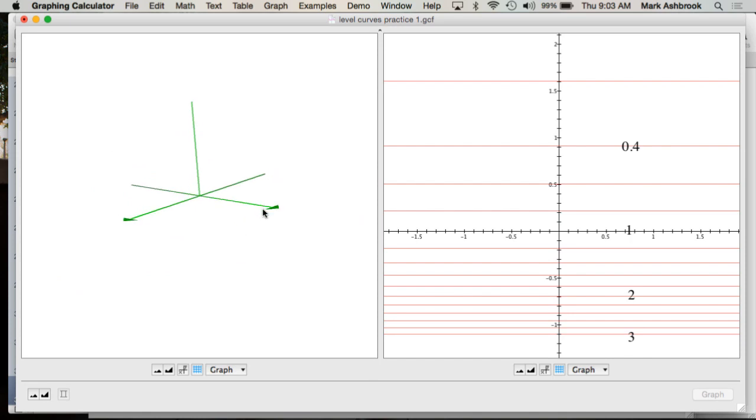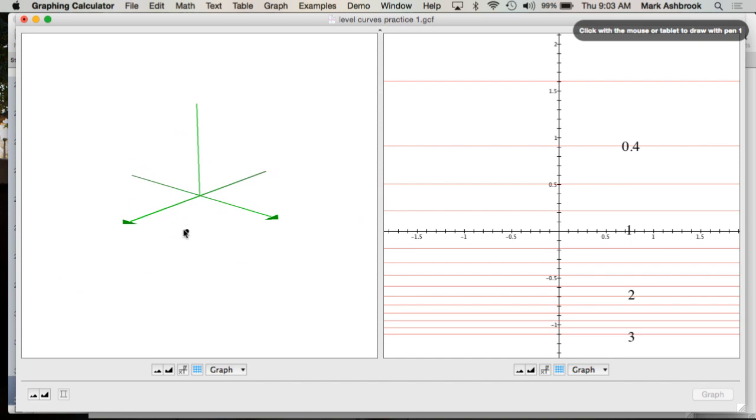All right, so if you imagine an x and a y taken together would give you a particular ordered pair, the input, and then you'd have an output z value. The reason it's not a space curve is that we have all these possible ordered pairs around that in all directions.